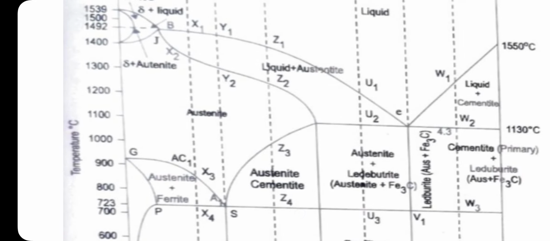At 1130 degrees Celsius, that is on the right side, the eutectic reaction occurs. So these 3 invariant reactions occur in the iron carbon alloy system: peritectic reaction, eutectoid reaction and eutectic reaction.